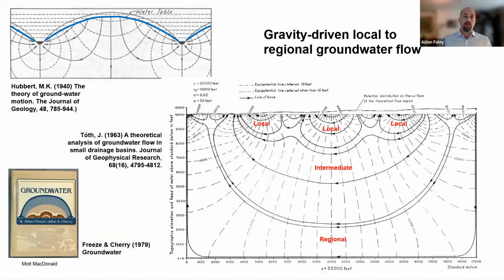I want to talk about the relationship between flow path length, residence time, and water quality. We're all concerned with water quality. It's important to recognize that water quality is a function of all the processes occurring upstream of the sampling point, whether that be a surface water or a spring.